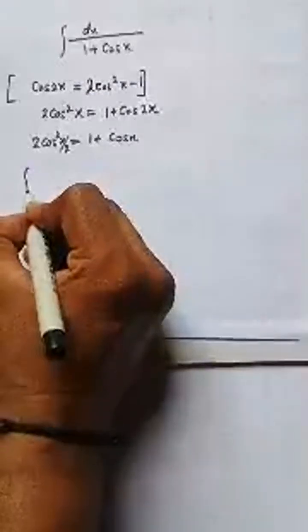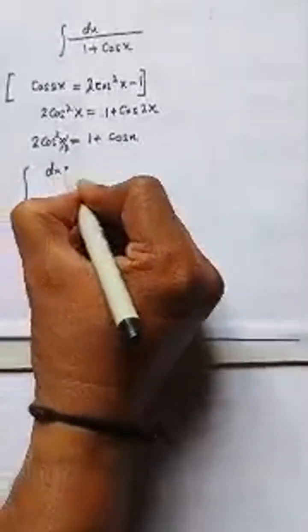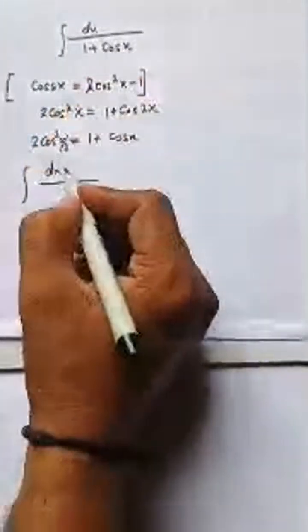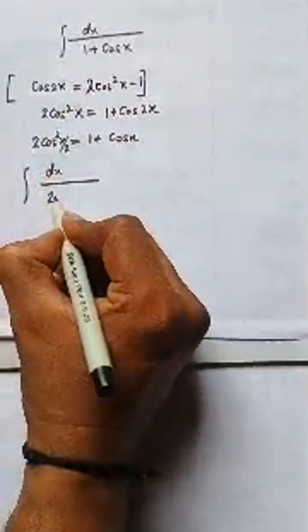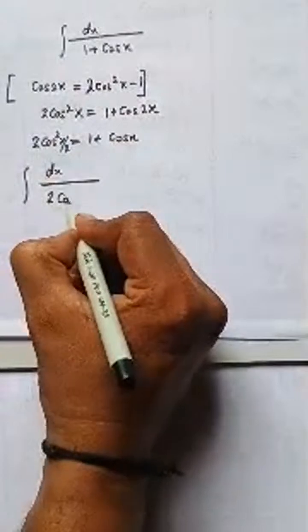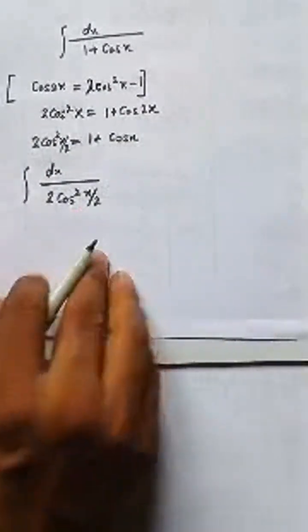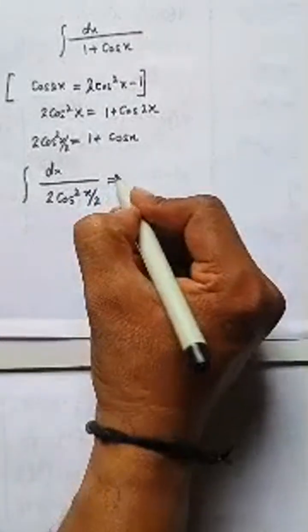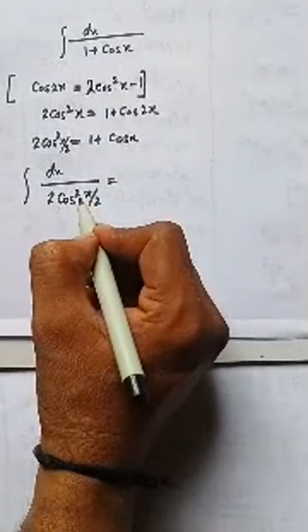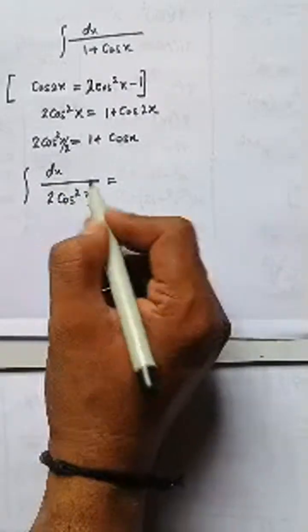Here, integration dx and 1 plus cos x. 1 plus cos x can be replaced by 2 cos square x by 2, and you can easily see that 1 upon cos square x by 2 is coming here.